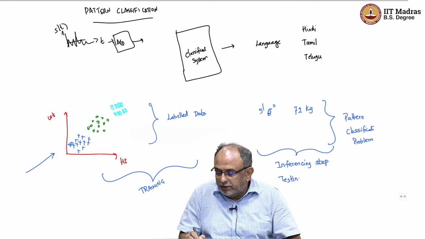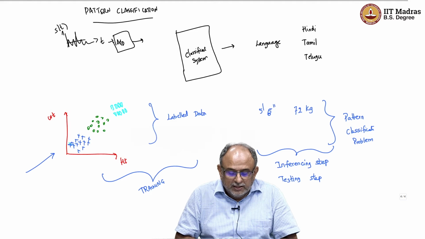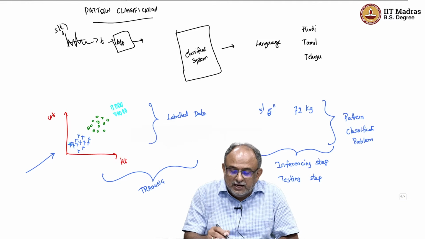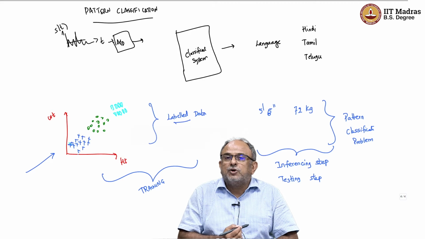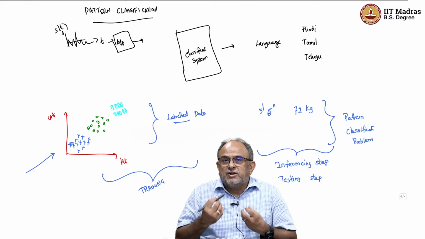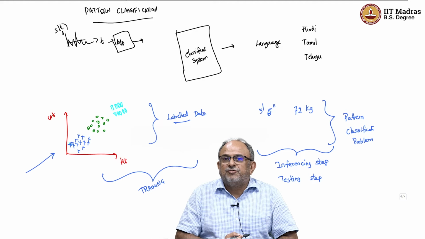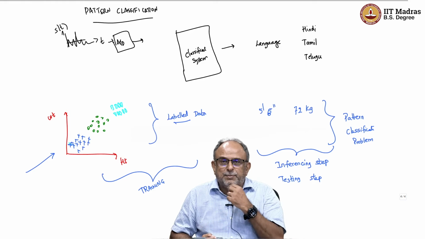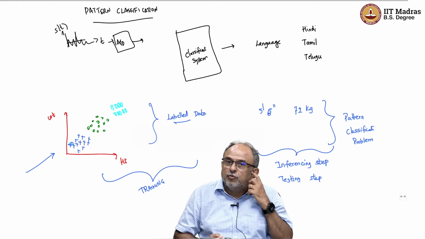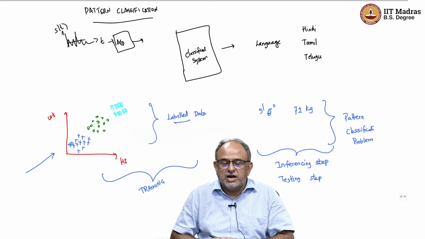So what does that mean? During training I have this labeled data and the measurements. From that I want to capture some aspect that differentiates or is identified with a man, a template for a man, a template for a woman and a template for a child.